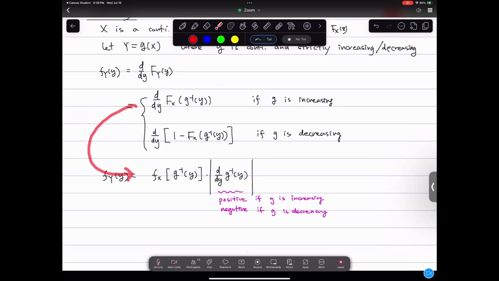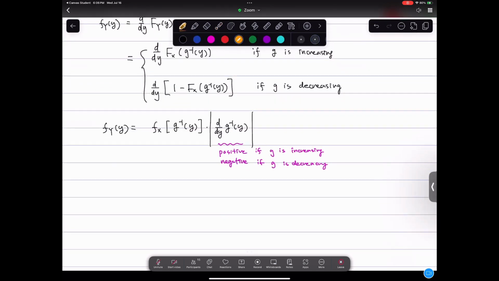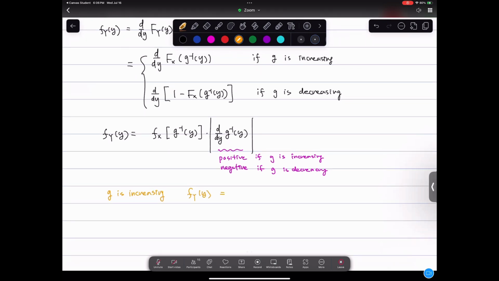So I just did it, you can do it separately. So if I'm having the increasing function, then I'm simply having the f of y will be the derivative of this, the CDF, which is this, and you times by the derivative of this inner function G inverse. That should be it.